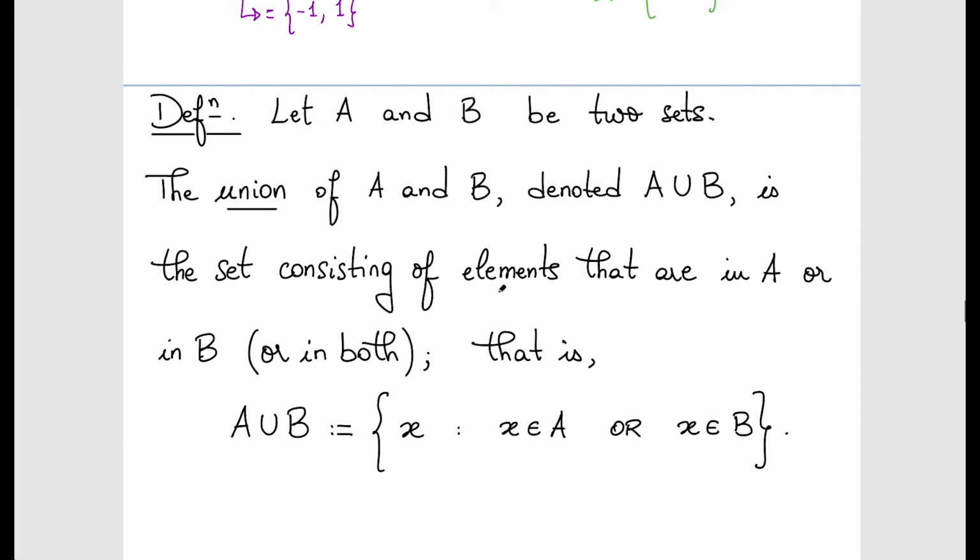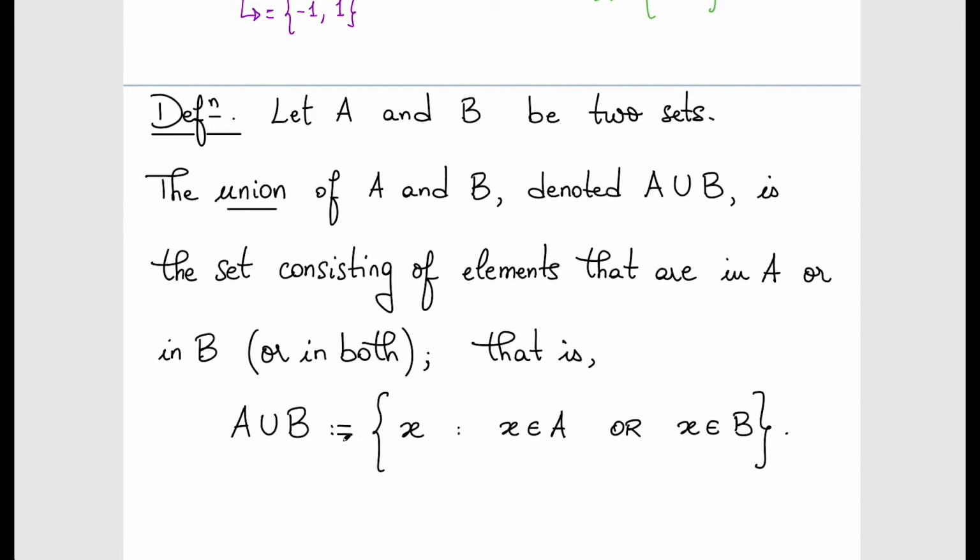It's the set consisting of elements that are in A or in B. And when we say or, we also mean or in both. So that's the inclusive or. So elements that are in any of the two should be part of the union.